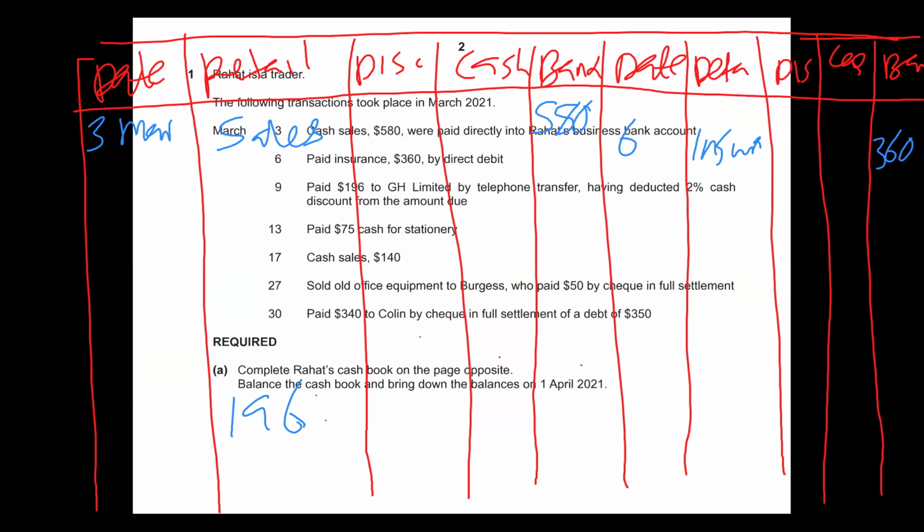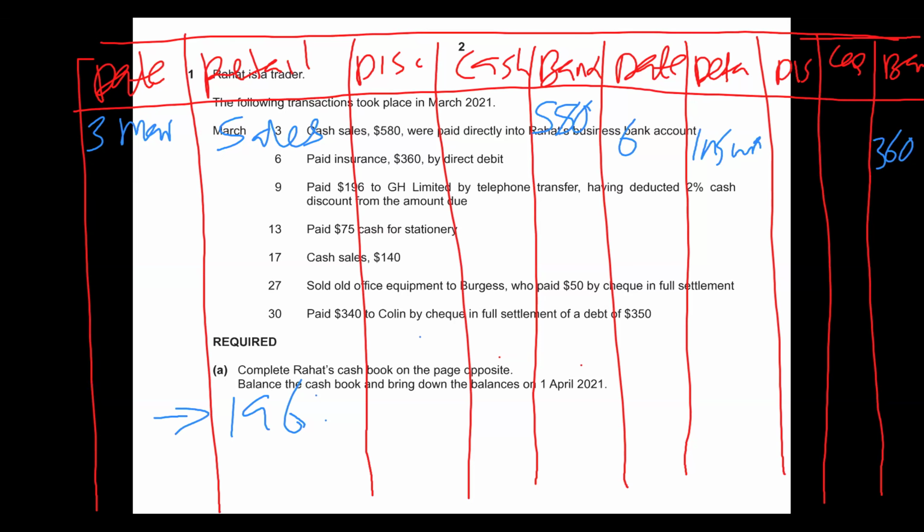So now listen, the point is you had already deducted 2% discount from the amount due. Which means the 196 is not the amount due. This is not the actual amount they were owing; this is the amount that they paid.